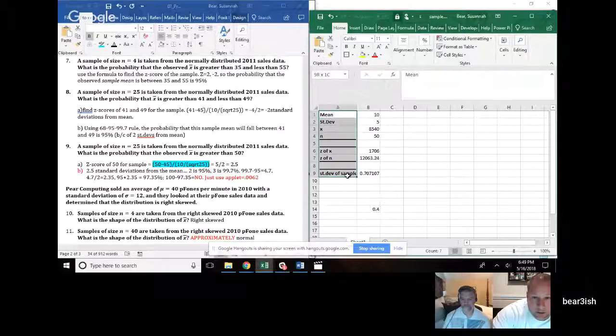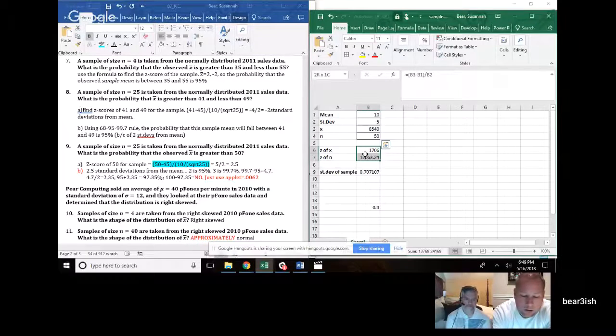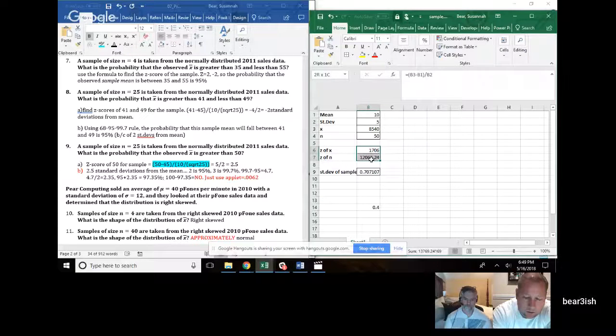Okay, so yeah, the value minus the mean, right? Yep. Over the standard deviation. Yep. So you had the standard deviation correct. You just need to subtract the value and the mean on top of it. Okay, over standard deviation. And do we still divide by the square root of the sample size?